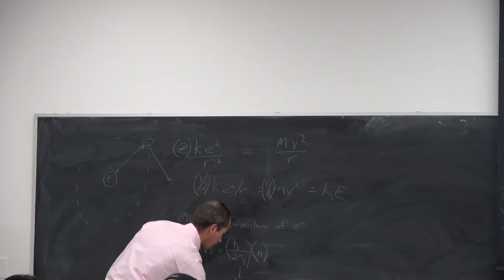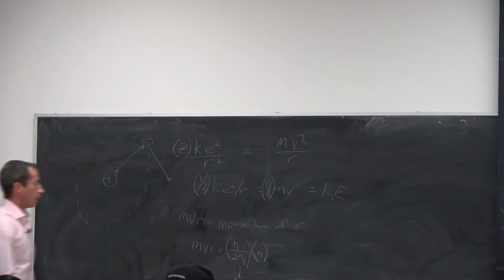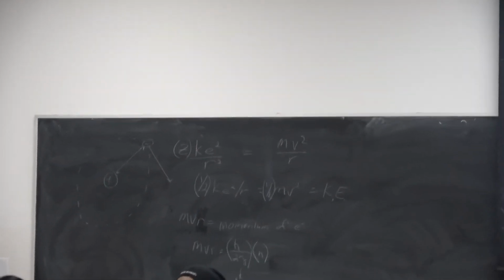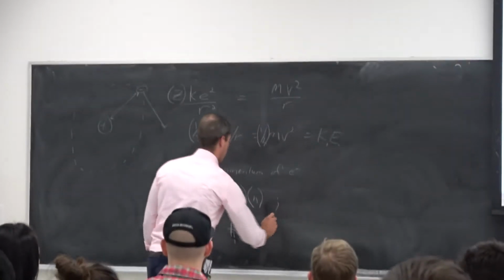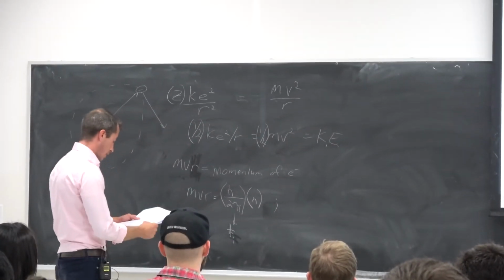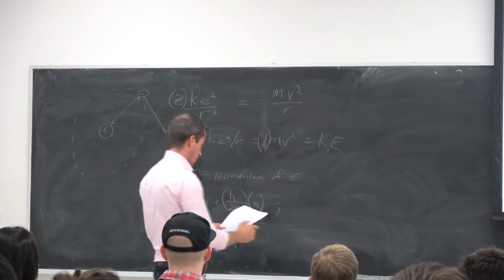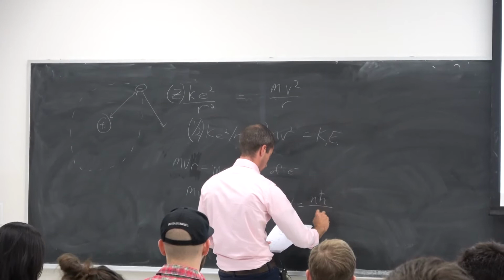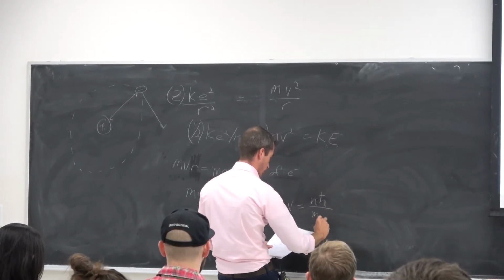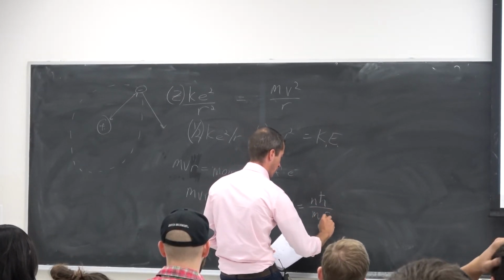That's a horrible h. Okay. And then we can rearrange this for velocity. m_e is just the mass of the electron.